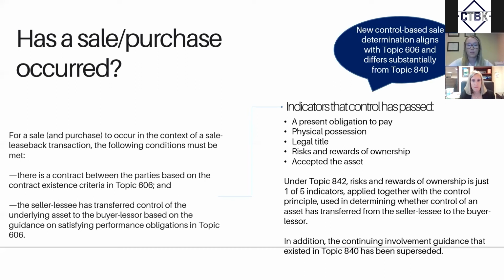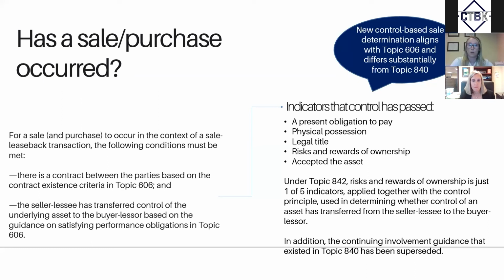That's one of the differences between 840 and 842. 840 really just focused on the risk and rewards portion, but here there are various indicators along with the control principle that you would want to assess to determine if control has actually passed. The control principle being, do you have the ability to direct the use of, and are you receiving substantially all the benefit from that asset? So how you assess control is a bit different under 842 than it was in 840.